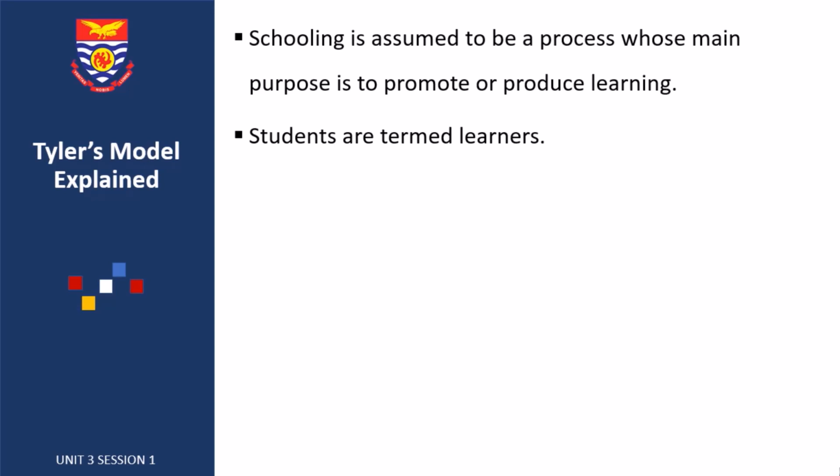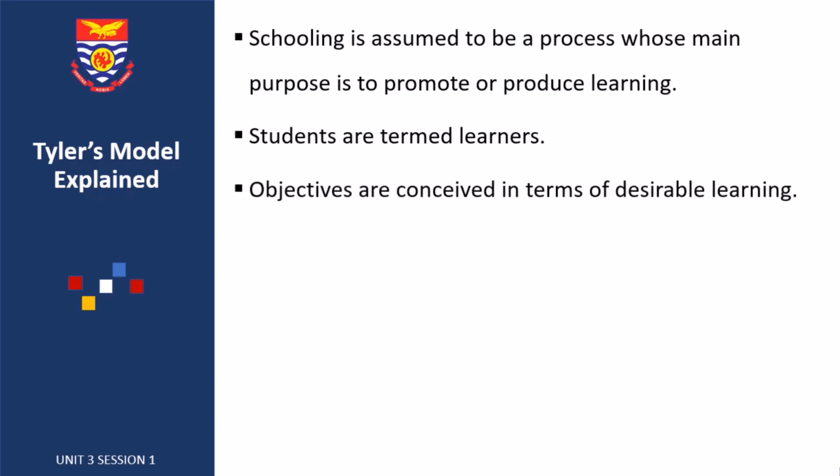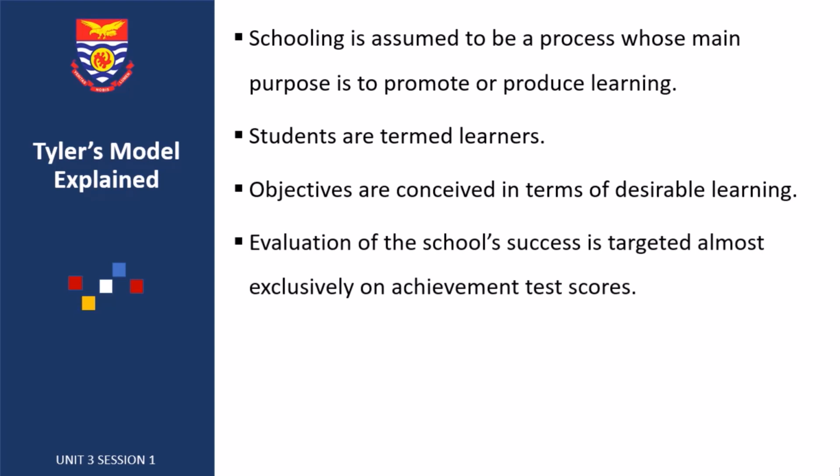And in the school, students are termed learners, and the objectives are conceived in terms of desirable learning. Then, evaluation of the school's success is targeted almost exclusively on achievement test scores.